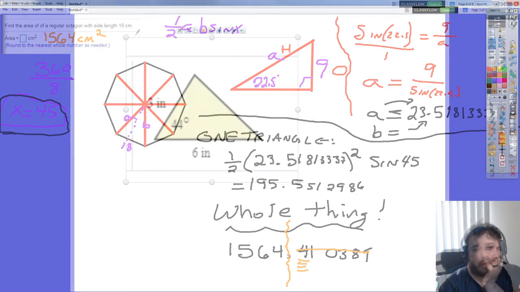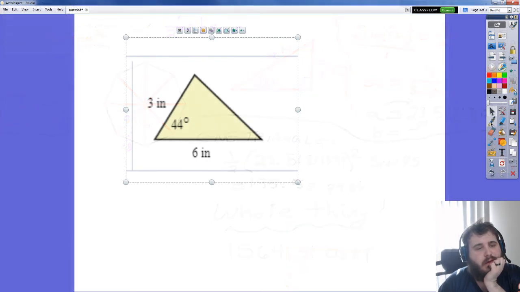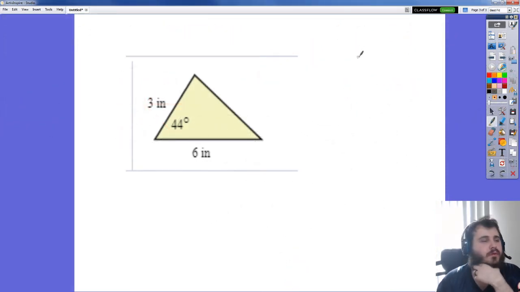So, like, for example, here's the first problem. And what we need to be able to do is figure out the area of this thing. Nowadays, since we don't have a base and a height, we're going to have to use the formula that I gave on the YouTube video that I put out last week, I think it was.